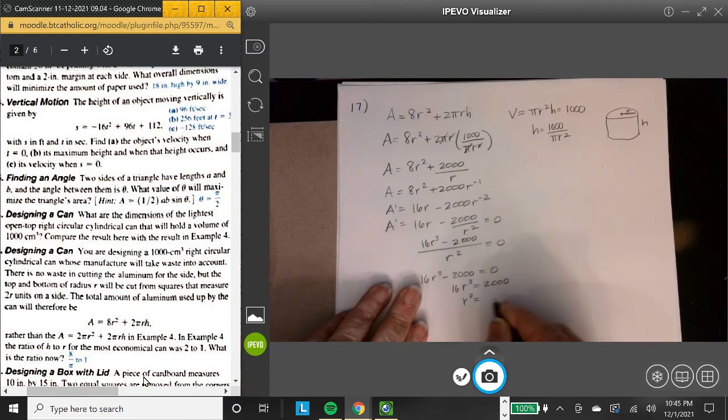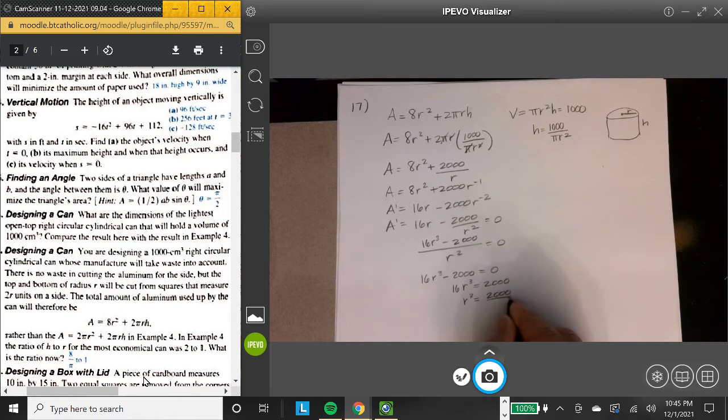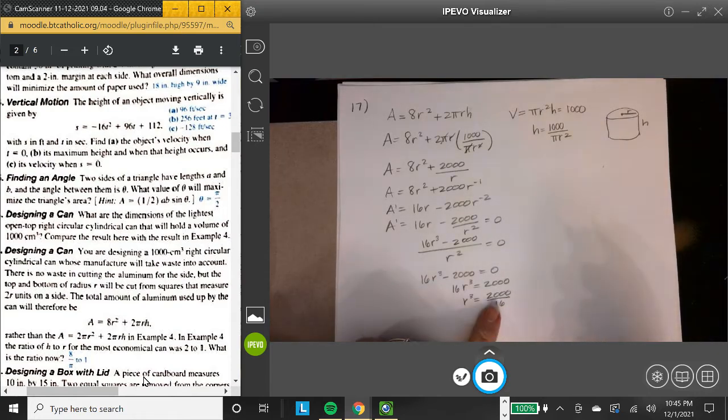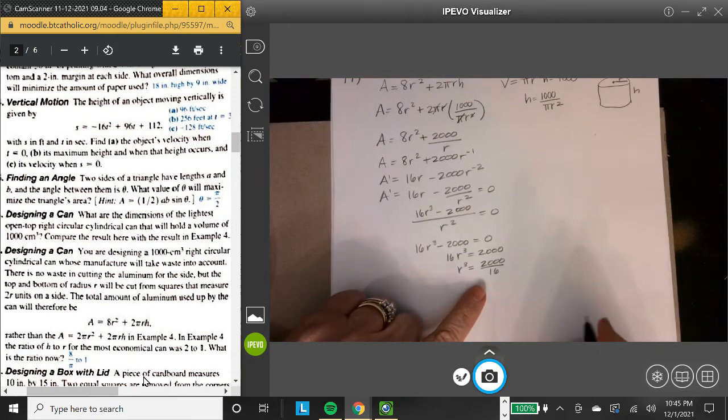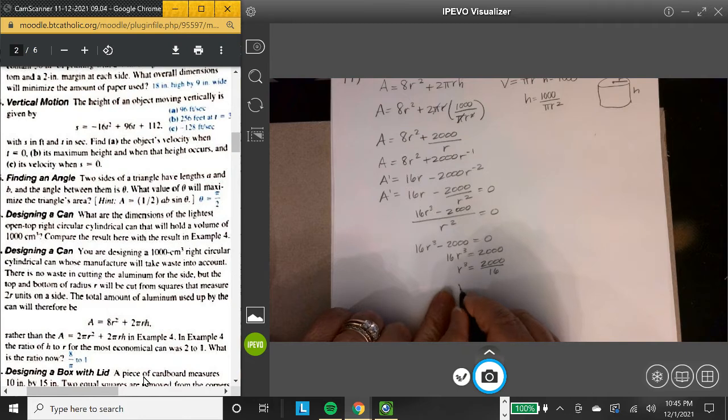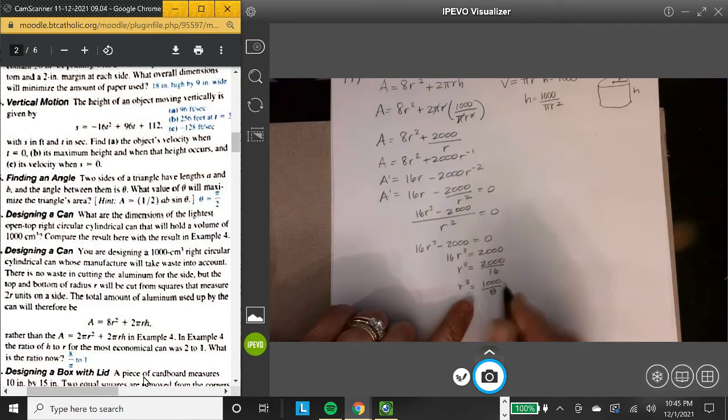R cubed equals 2,000 over 16. Now I know there are some perfect cube factors in these two numbers, so I'm only going to reduce these by 2. And this is the reason why. R cubed equals 1,000 over 8.